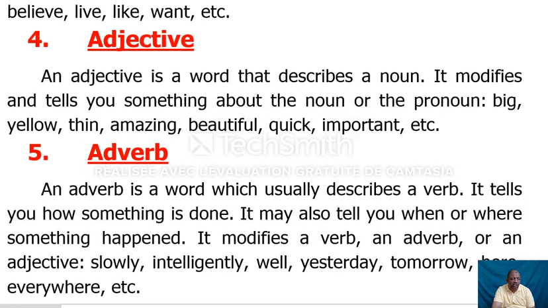Number 4, adjectives. An adjective is a word that describes a noun. Let me explain this. An adjective has a relationship with a noun. It can pre-modify it or it can post-modify it.